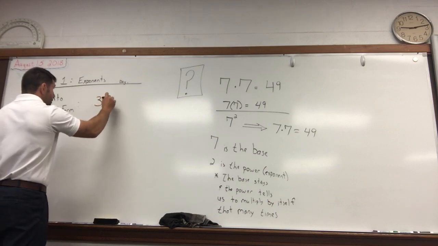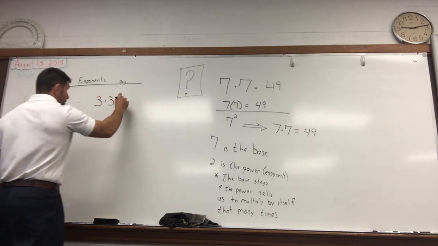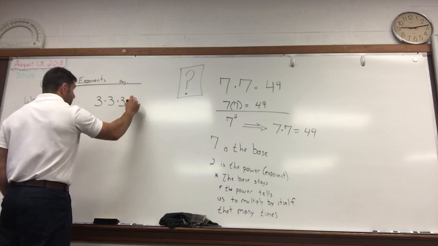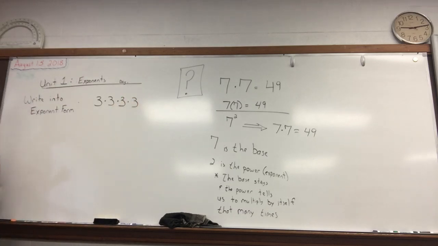3 times 3 times 3 times 3. So this is what's given. What is exponent form? What do you think, sir? 3 to the how many power? 4th power.